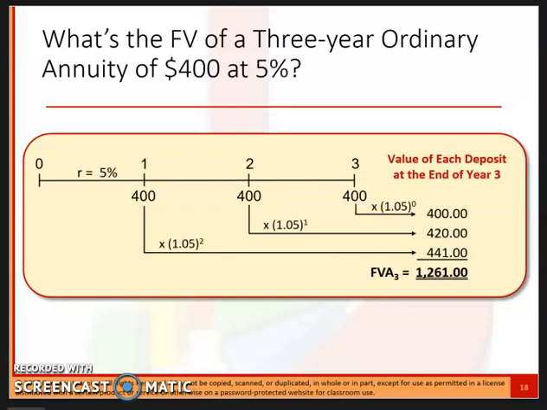So this $400 is going to grow for 2 years at 5%, so 400 times 1.05 squared. Then the next $400 at 5% is going to grow for 1 year, and the third one is not going to earn any interest at all. So we add those three numbers up, and we get $1,261 for the future value of the annuity.